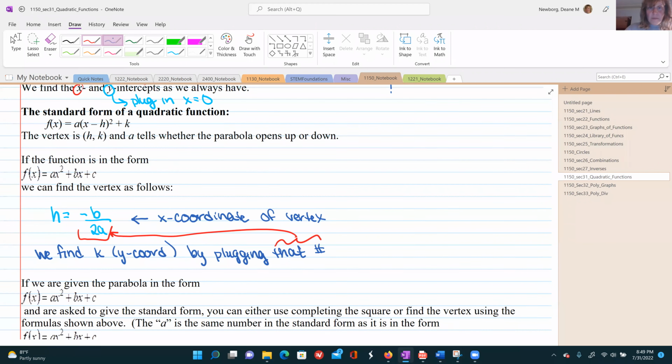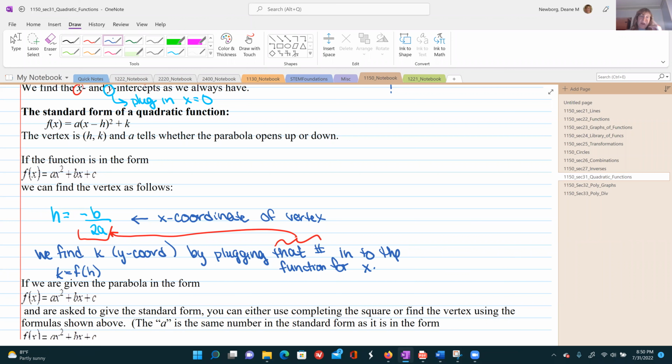You plug that number into the function for x. So whatever we get, that's our k. So k equals f of h.